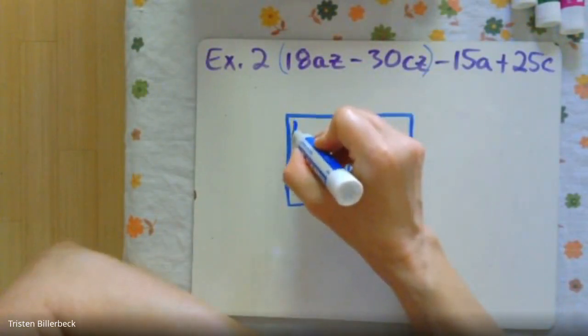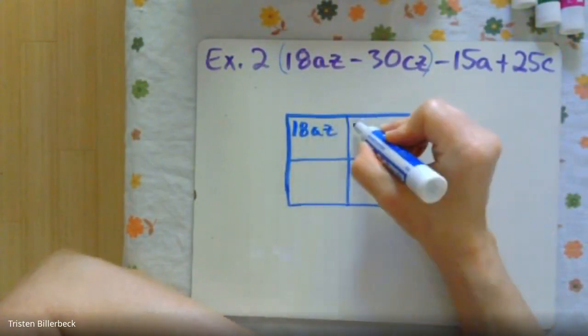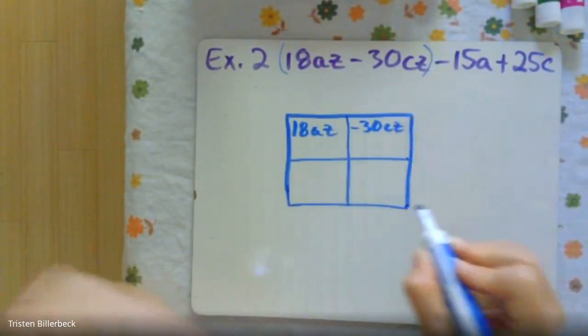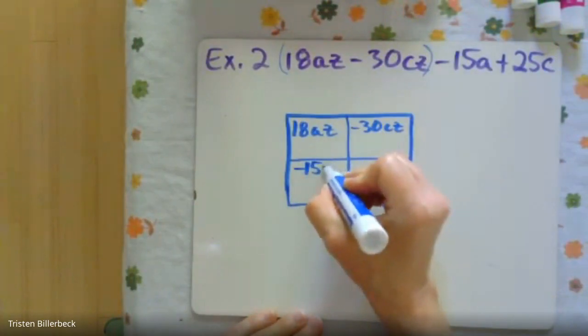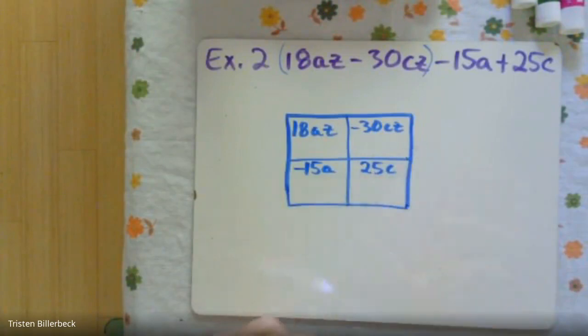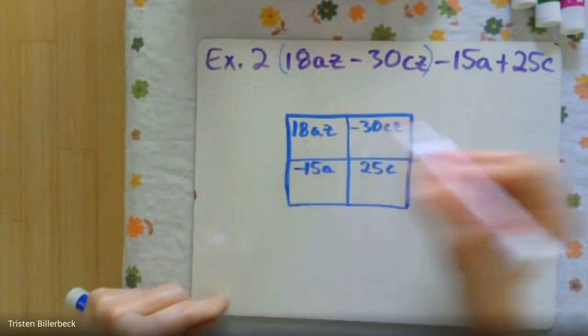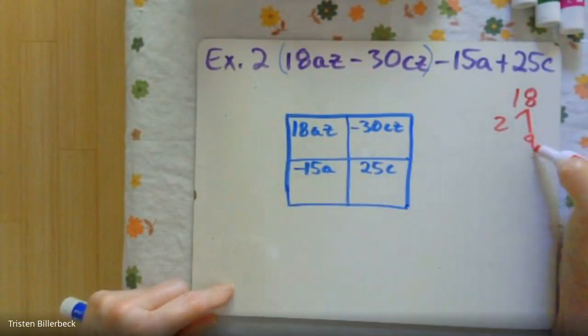So we have 18az and negative 30cz and negative 15a and 25c. Okay, let's break them down. The prime factorization of 18: that's 2, 9, 3, 3.